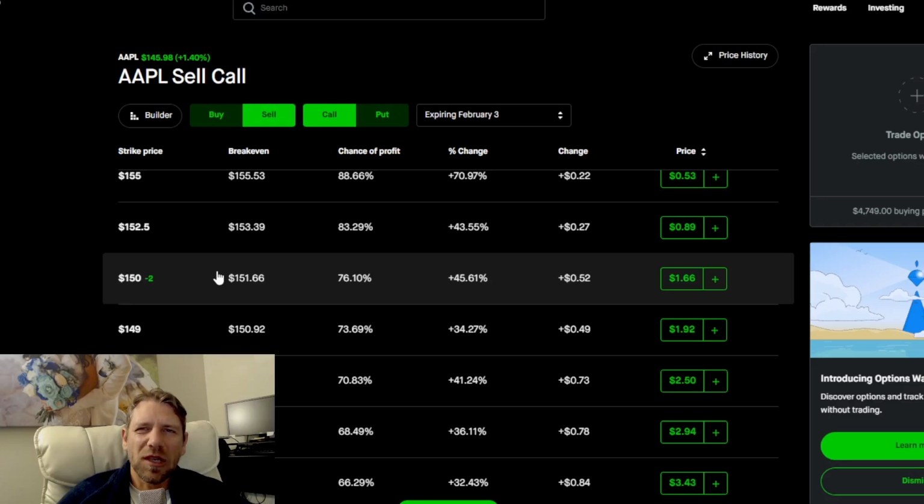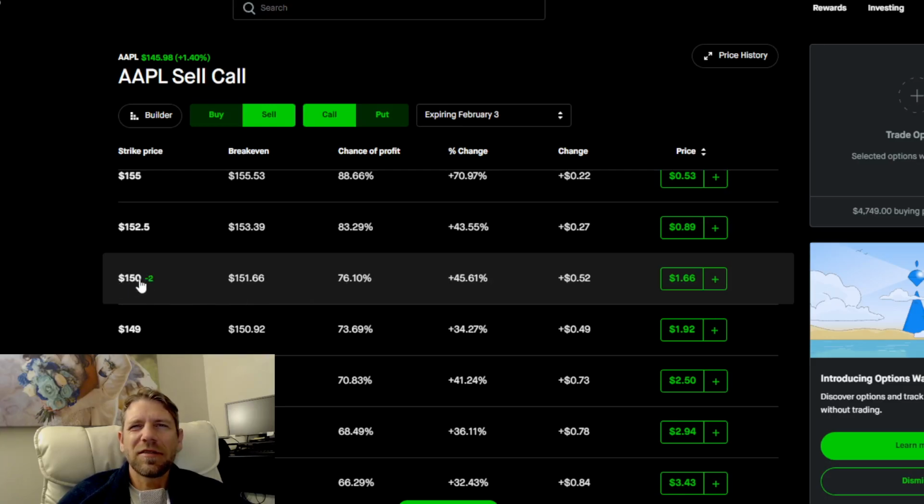I would be forced to sell my 200 shares of Apple at 150 and collect the premium of 166 times 2, which is 332, is it? Dollars. And that's it. I get the cash.